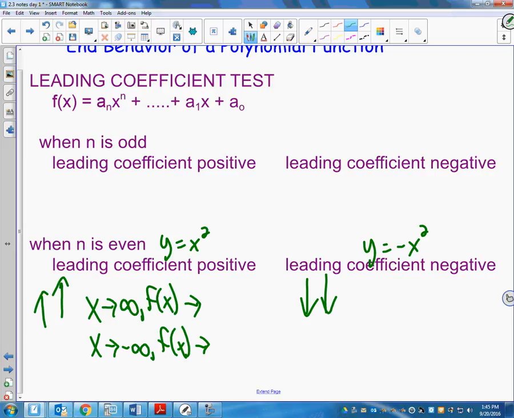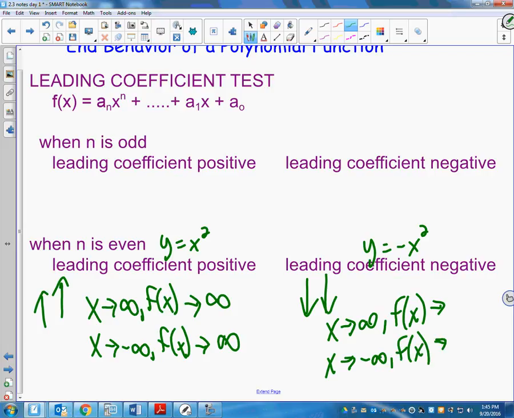You have to write that every time. And if you know both arrows point up, that means that it doesn't matter where x is going, the y values are both going towards infinity. So this would be that f of x approaches infinity. And if I do the same thing over here, as x approaches infinity, f of x approaches something, and as x approaches negative infinity, f of x approaches something.